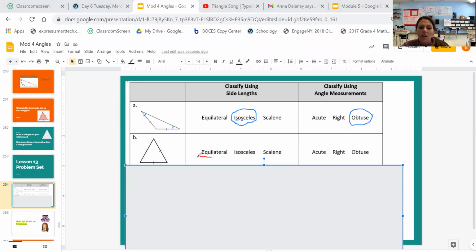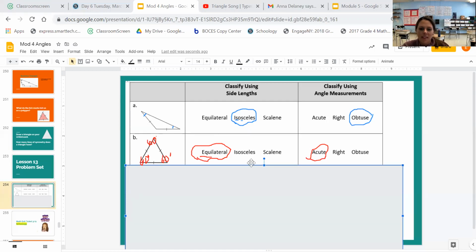If we know that they're equal, that means it's an equilateral triangle. We also know all equilateral triangles have 3 angles that are the same, and those are 60-degree angles. And what do we know about all 60-degree angles? They're acute. So this would be an equilateral acute triangle.